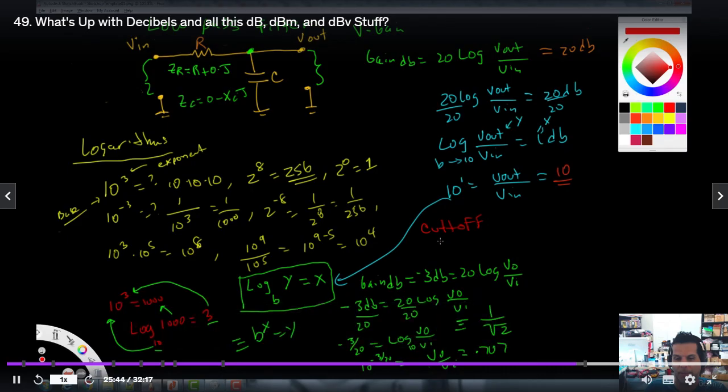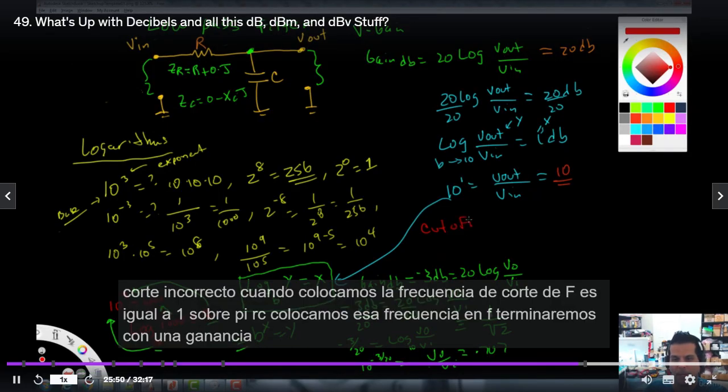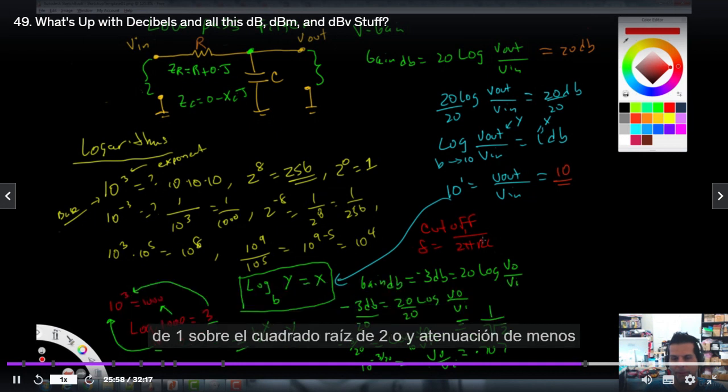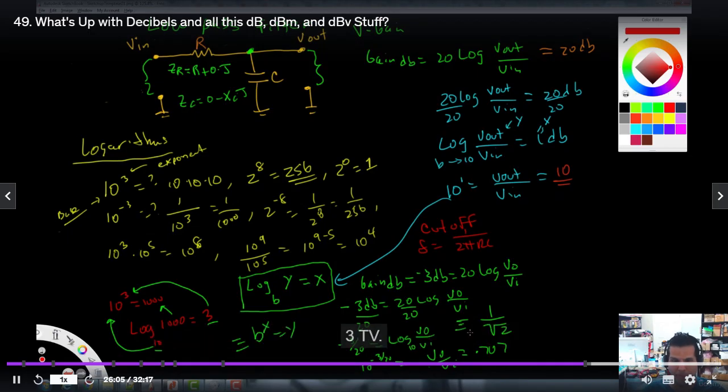When we put the cutoff frequency of f equals 1 over 2 pi RC, when we put that frequency in for f, we'll end up with a gain of 1 over the square root of 2, or an attenuation of minus 3 dB.